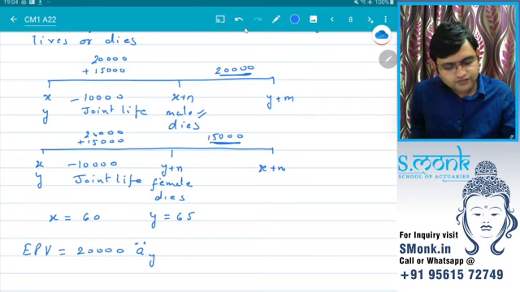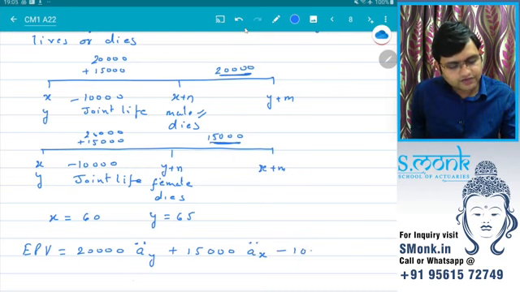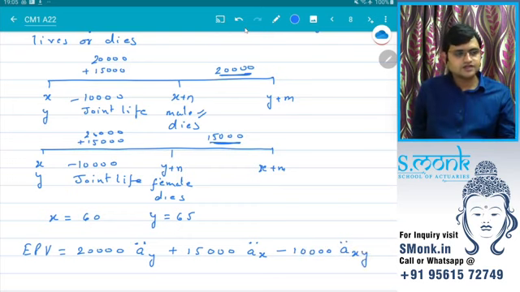So I say our expected present value will be 20,000 given to female plus 15,000 given to male, but in joint life 10,000 is subtracted.